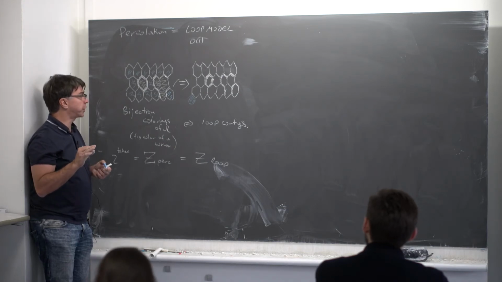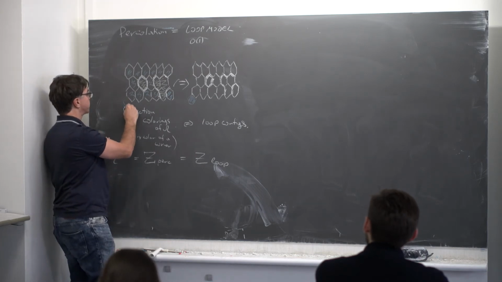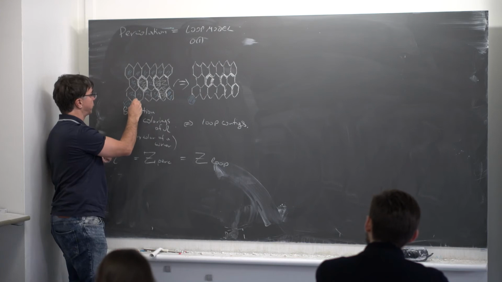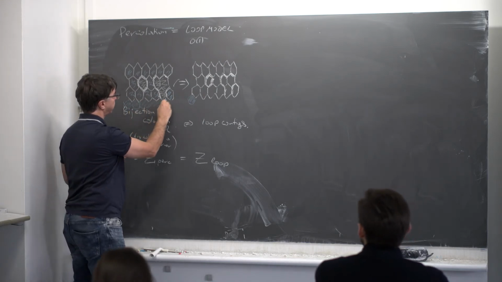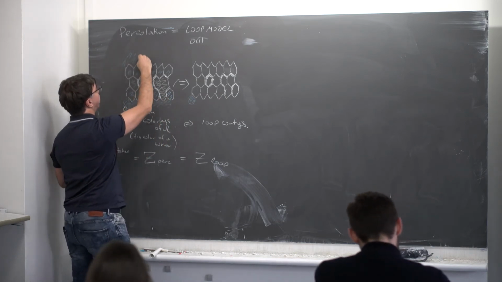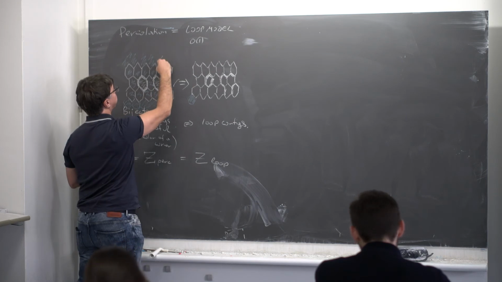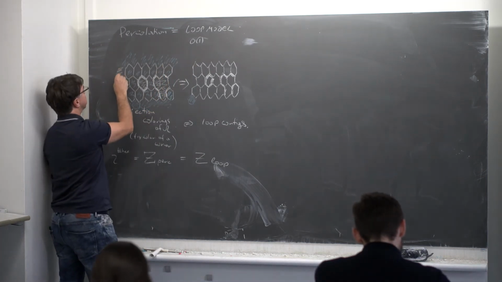What are the boundary conditions? So I just said that there is one hexagon which is blue. So let's do the boundary conditions, all blue below, all blue above, and yellow in between. So I'll do boundary conditions like this.